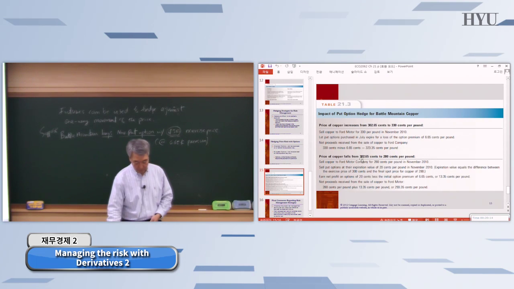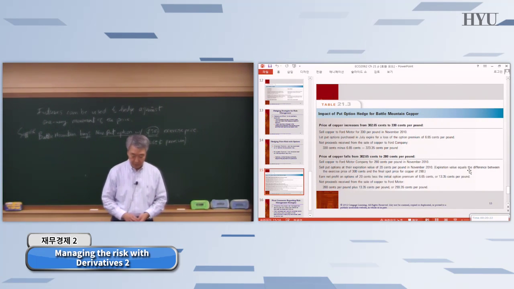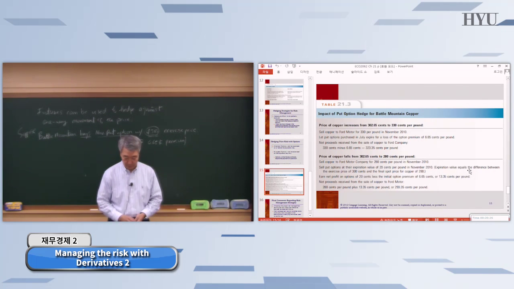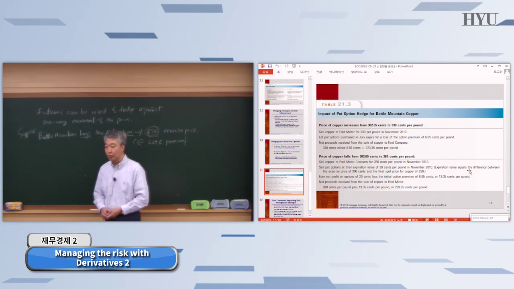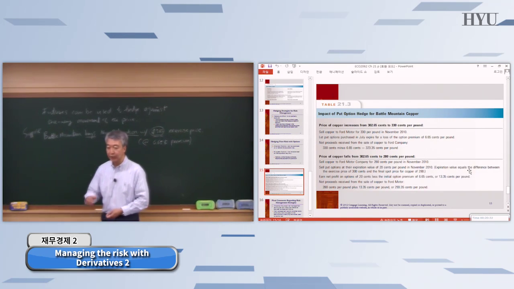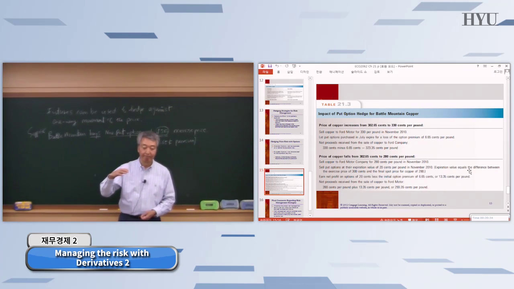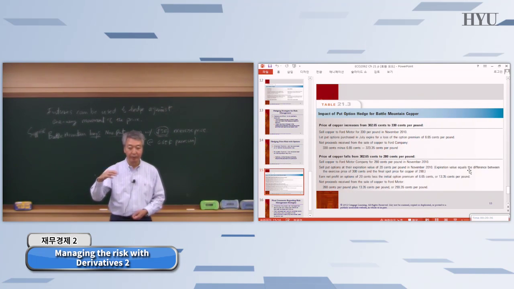If you look at it, at some point it may not look like protection, but it is a partial protection. In the trade, that's what we do. We set some boundary, or loss limit.